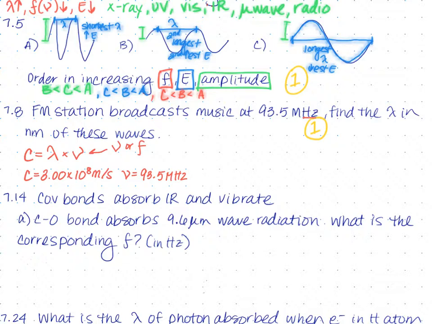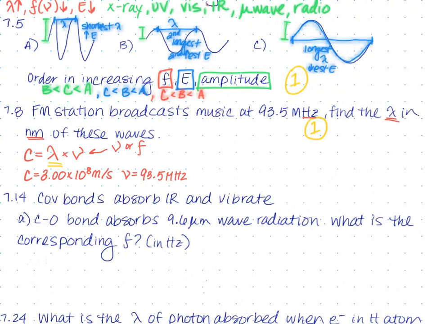Okay, because I want nanometers, that means I am solving, it says find the wavelength in nanometers. That means I'm solving, right, for lambda. So I am plugging in the speed of light constant, and then I'm also plugging in the frequency that was given to me.